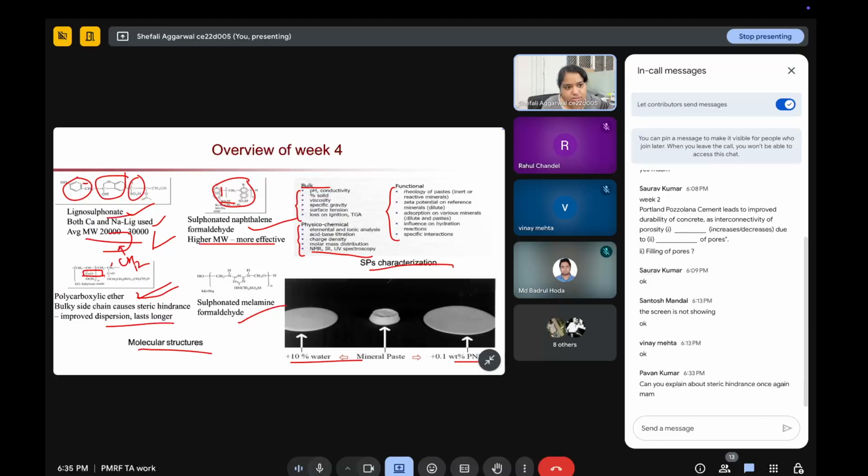And the remaining part, the long chain, will cause steric hindrance when meeting a similar type of PCE with a similar chain. So they both won't react with each other. That's why it is called steric hindrance.